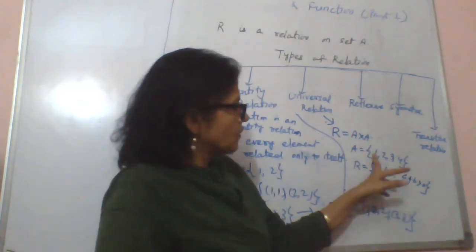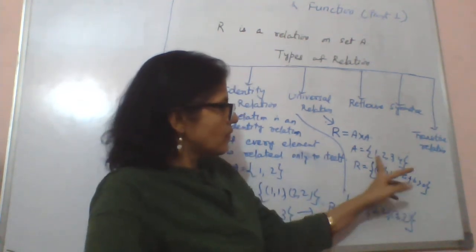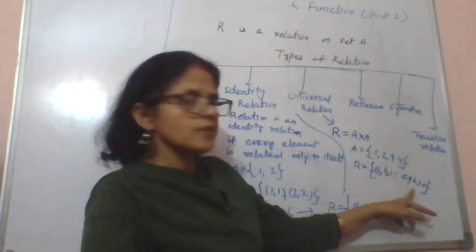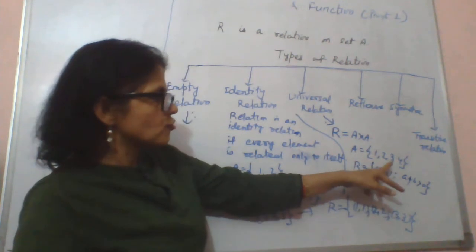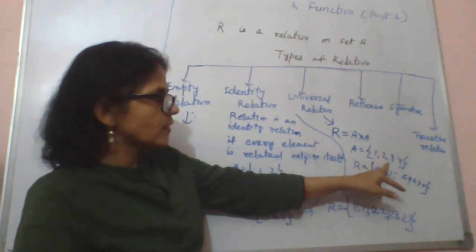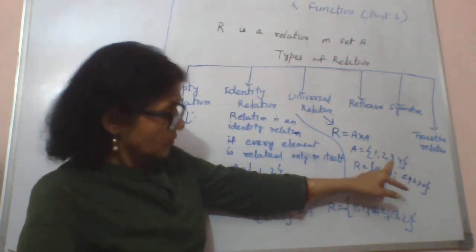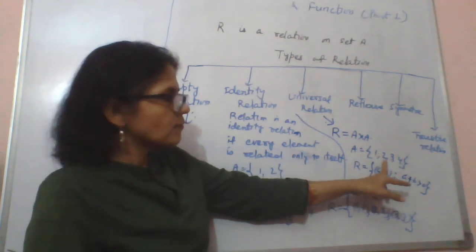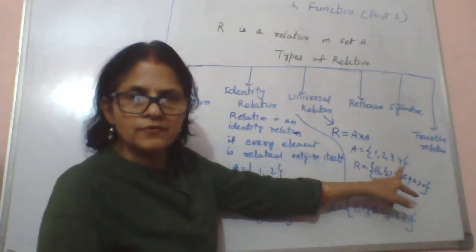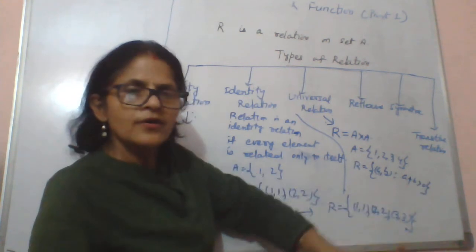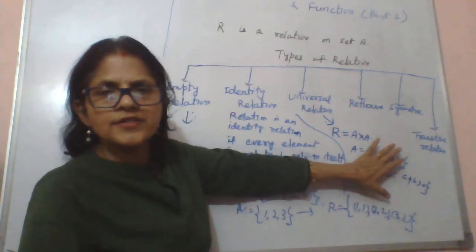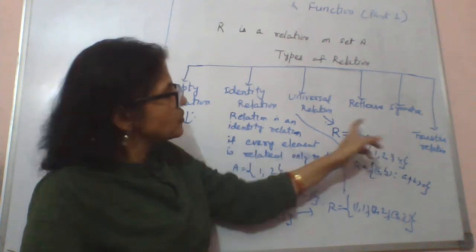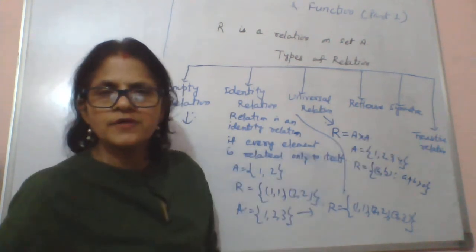So you see, if you take 1 plus 1, 1 plus 2, 1 plus 3, 1 plus 4 greater than 0. Similarly, 2 plus 1, 2 plus 2, 2 plus 3, 2 plus 4, 3 plus 1, 3 plus 2, 3 plus 3, 3 plus 4, 4 plus 1, 4 plus 2, 4 plus 3, 4 plus 4. It means under this condition we are taking all of it, the whole A Cartesian product A will be taken. So such a relation will be taken as a universal relation.